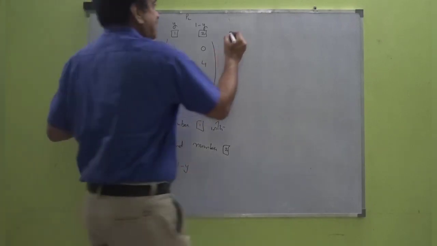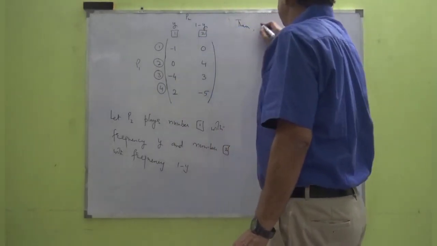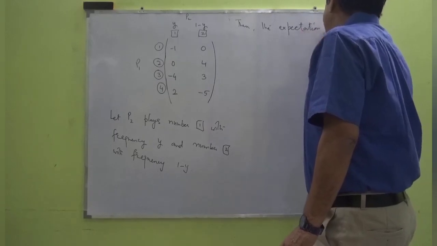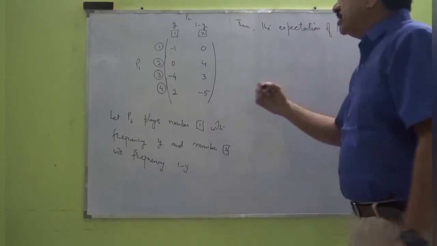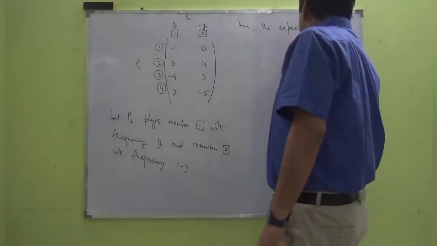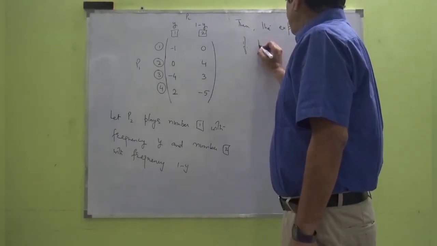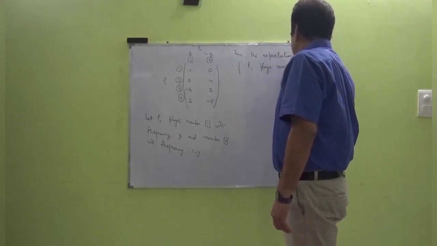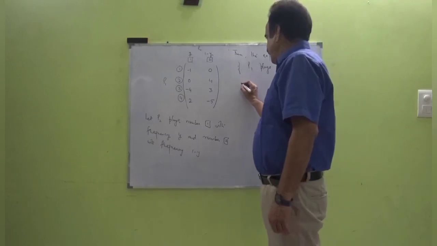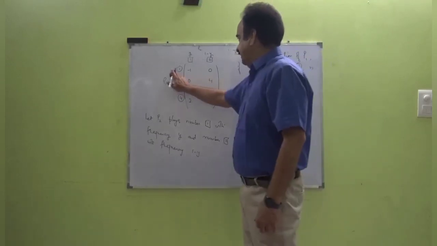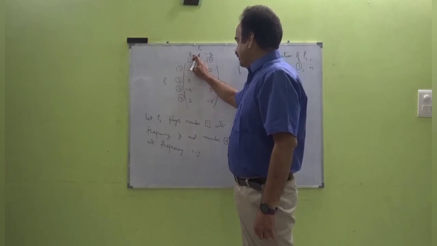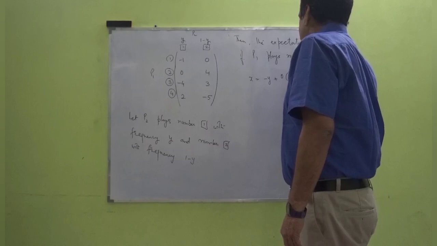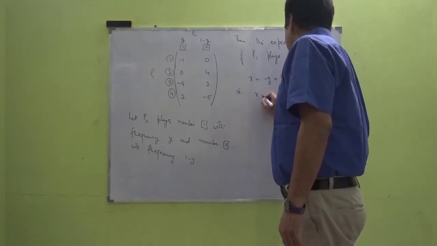Then all the time we will consider the expectation of P1, because P2 is going to minimize it. The expectation of P1, if P1 plays number 1, is x equal to minus y plus 0 into 1 minus y. That is, x is equal to minus y.